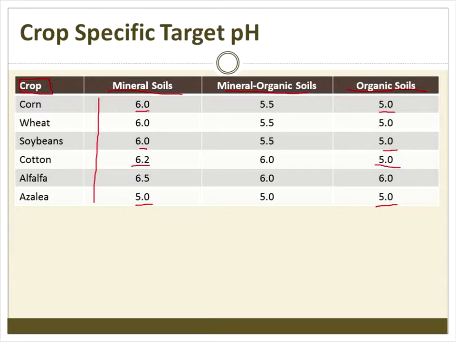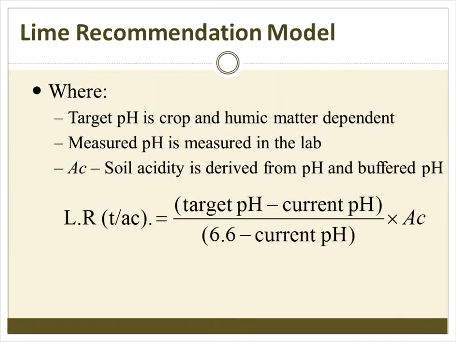In many cases, there is a change in the target pH depending on the crop. And as we go across this direction, there is a change as we go from a mineral soil to a mineral organic to an organic soil. So we have a crop by soil class kind of an issue setting itself up here.